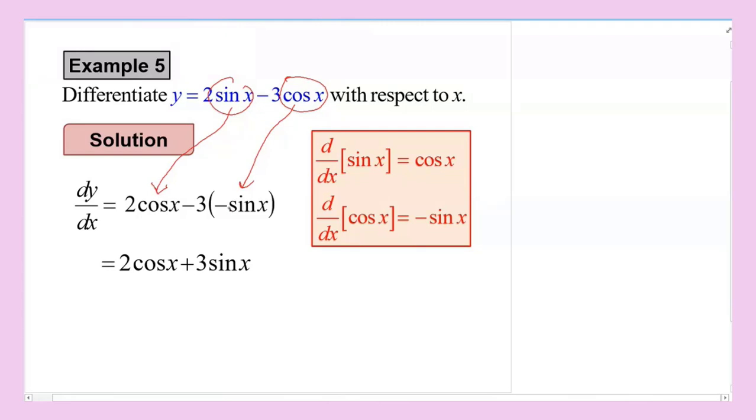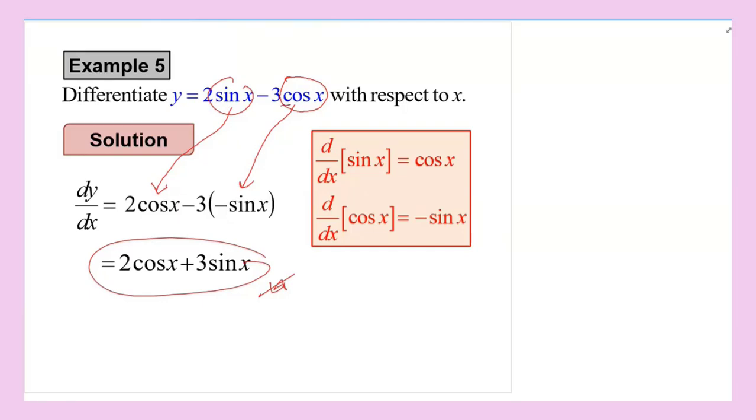Okay, and then 2 cos x plus 3 sin x. Make sure sin differentiates to cos, cos differentiates to negative sin.